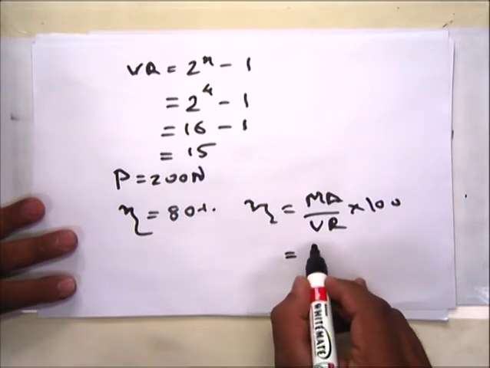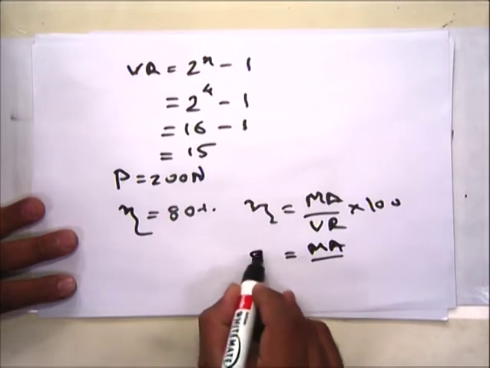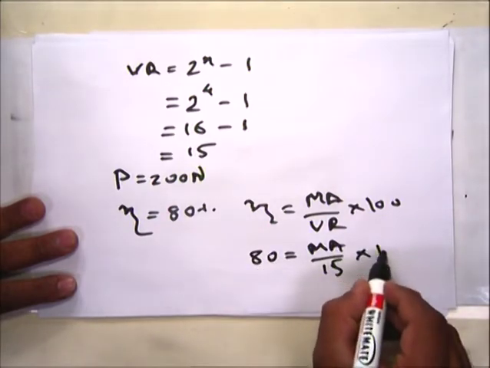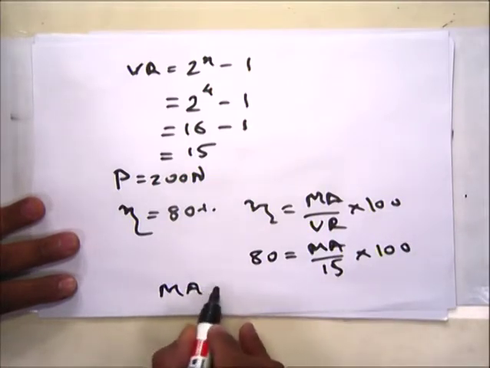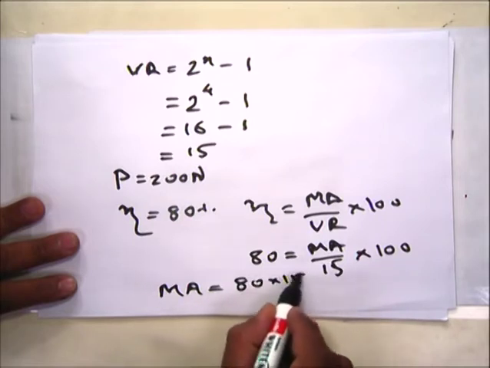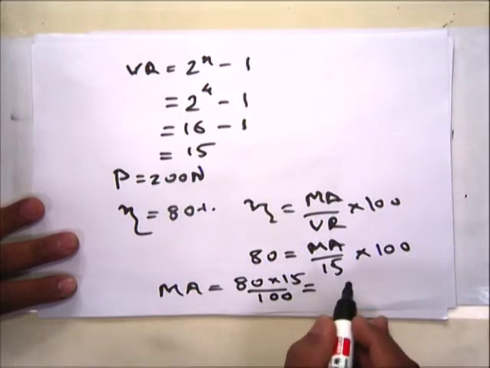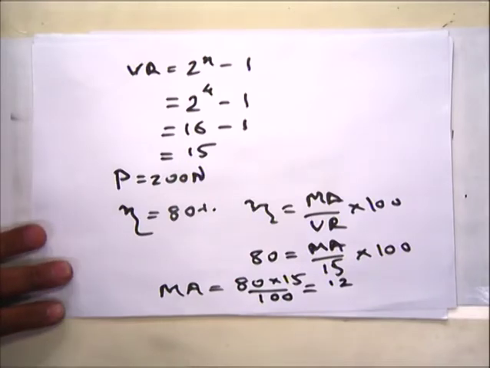Mechanical advantage is unknown, efficiency of 80% is here, velocity ratio of 15 is here, into 100. So mechanical advantage is equal to 80 into 15 upon 100. So it is 12. So we obtain a mechanical advantage of 12.